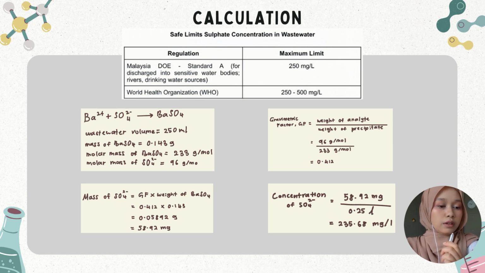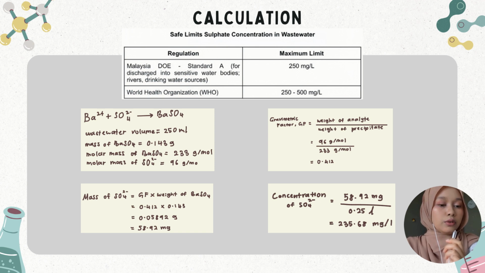Next, we are going to be determining the equation, and we are going to use the information provided. And we are going to be finding the molar mass of barium sulfate and also sulfate. The next step is finding the gravimetric factor, and we're using the formula weight of analyte over weight of precipitate, and therefore we're just including the 96 g/mol over 233 g/mol, and we get 0.412.